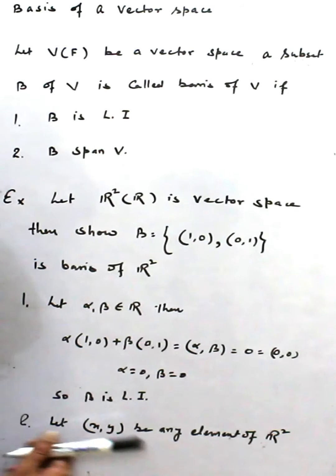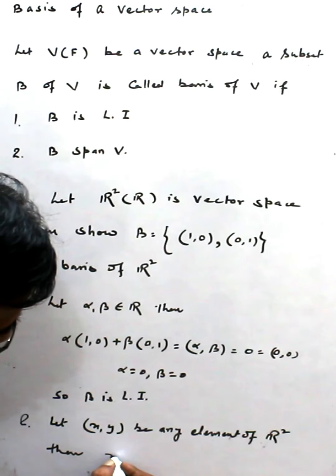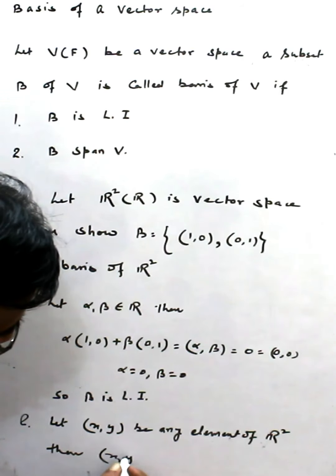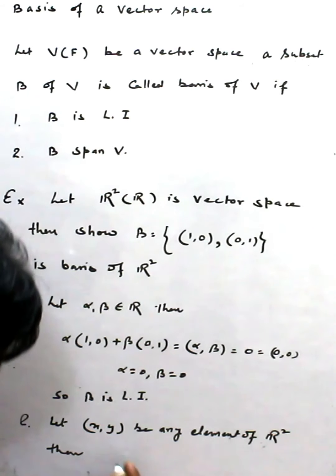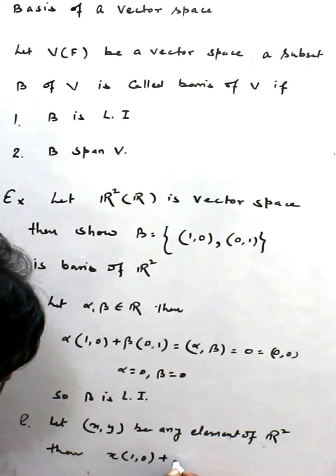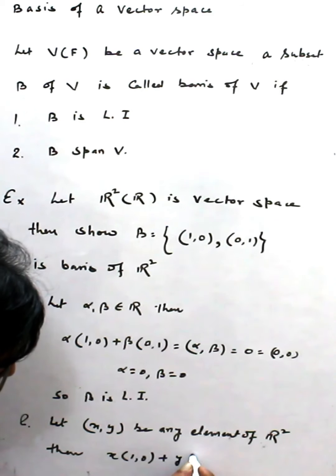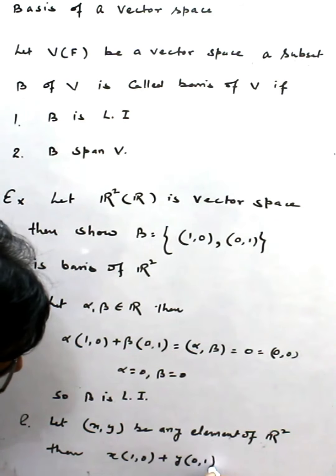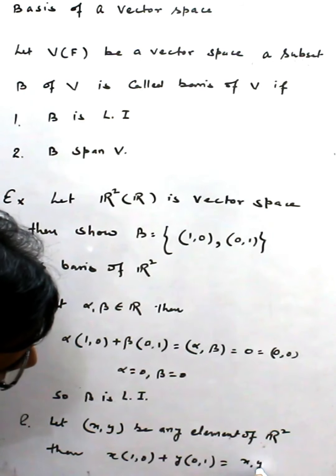I can write (X, Y) as X (1, 0) plus Y (0, 1), that is (X, Y).